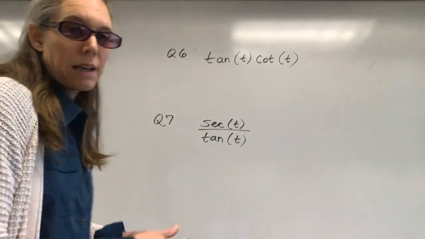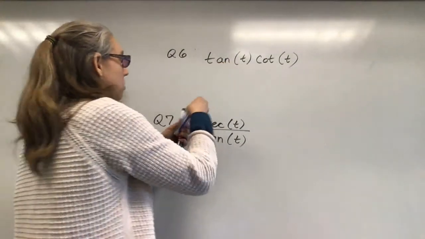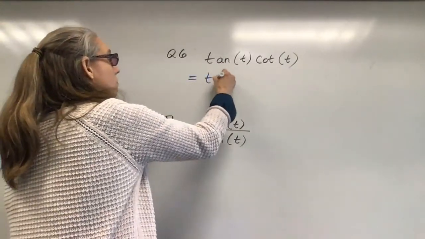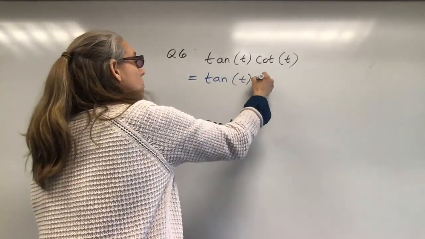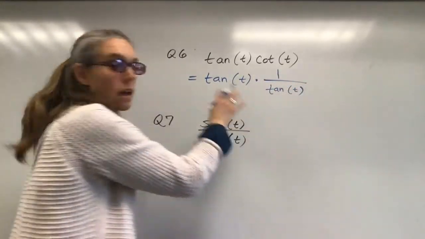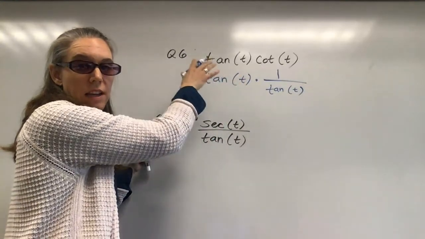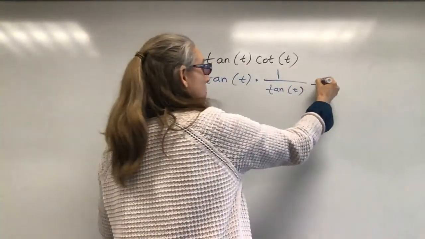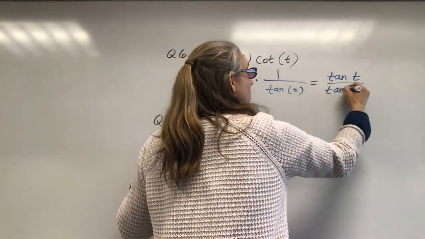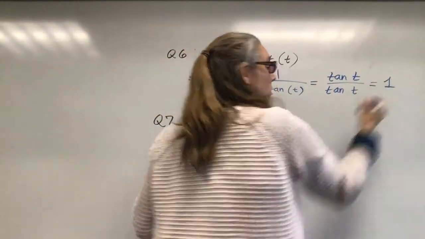So back here, I would replace cotangent, and by replacing it here, now I have tangent over tangent, which is equal to 1.